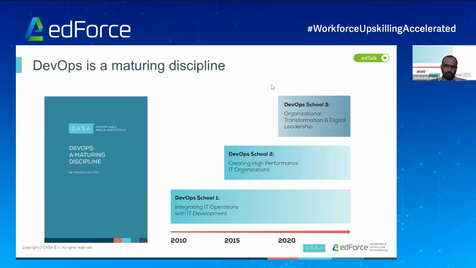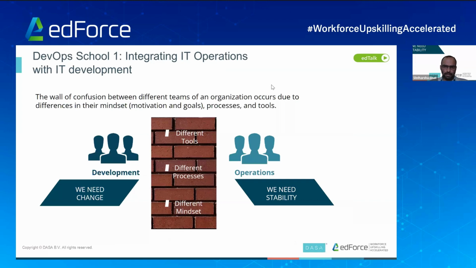But when we would like to expand it to the entire IT organization level, then we talk about transformation and digital leadership as well. So this is what DASA is striving towards. We will talk about that more, but a little bit about school 1, where IT operations and IT development came together.